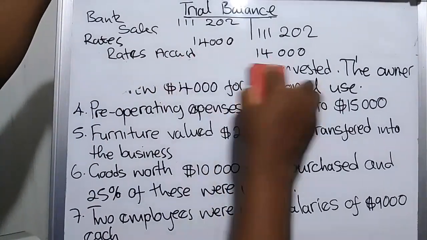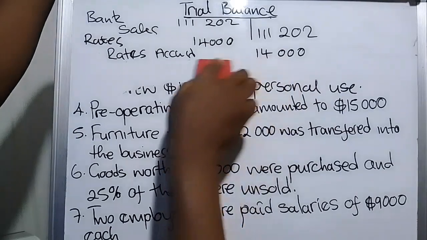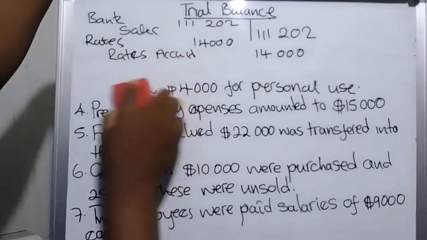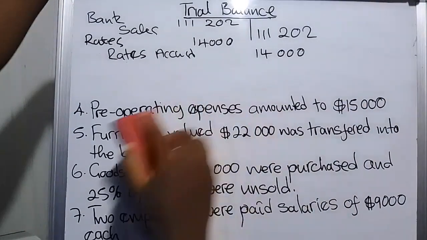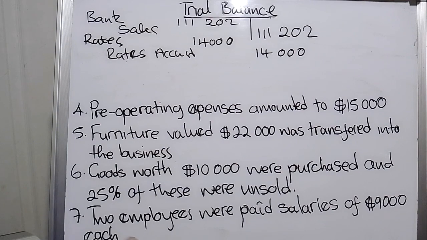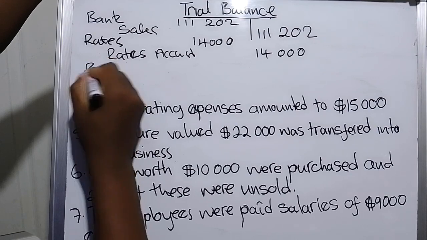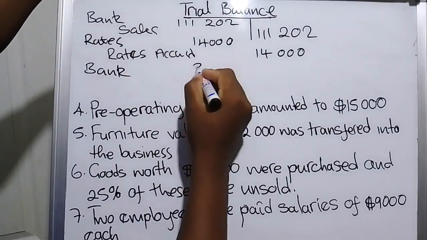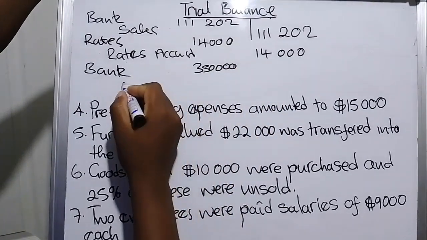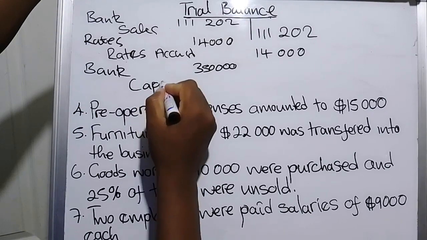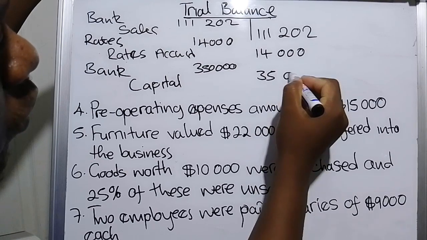Here we said the two accounts involved are the bank account and the capital account, which means we are going to debit bank with 350,000 and credit capital with 350,000 also.